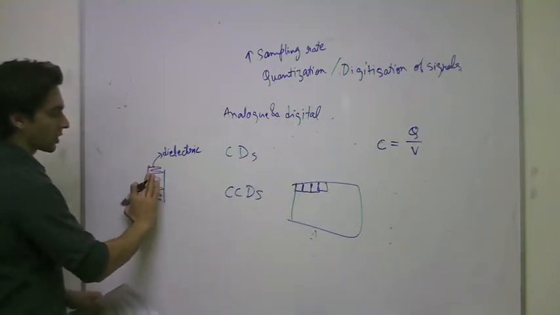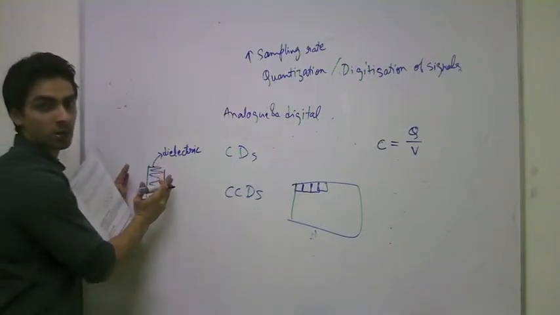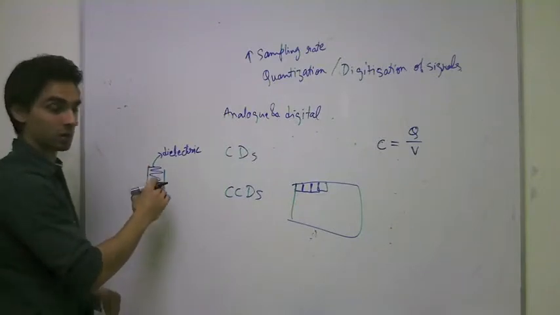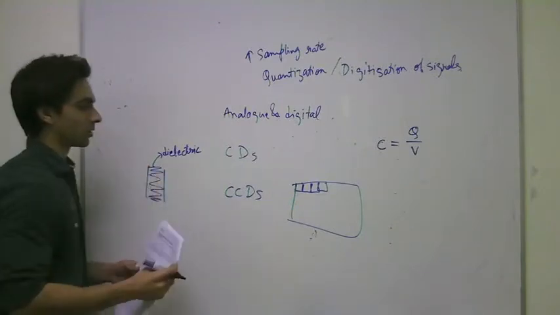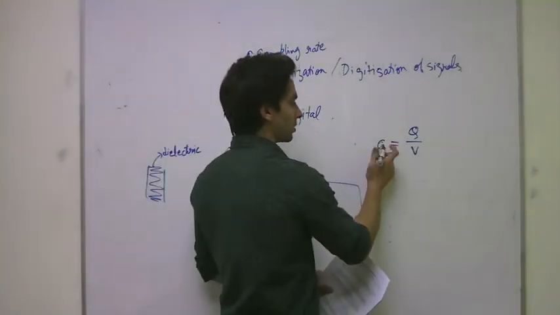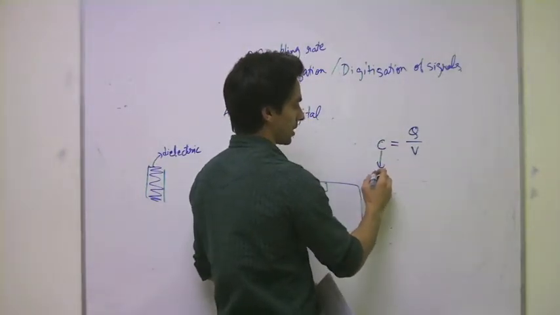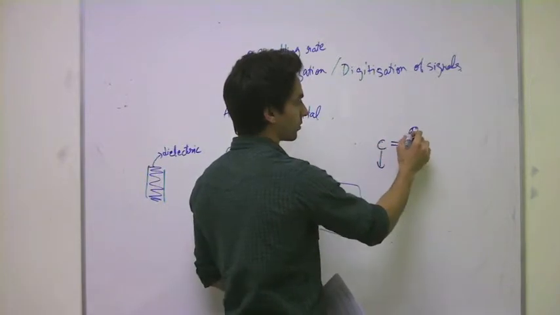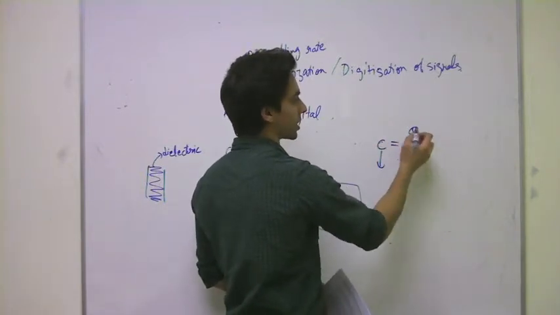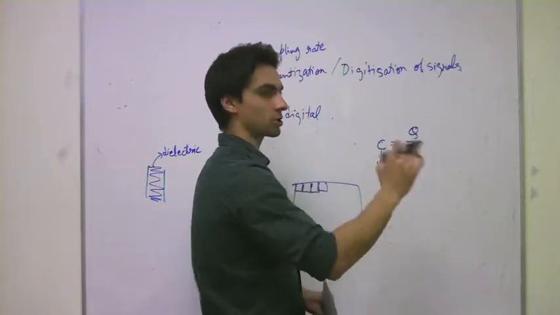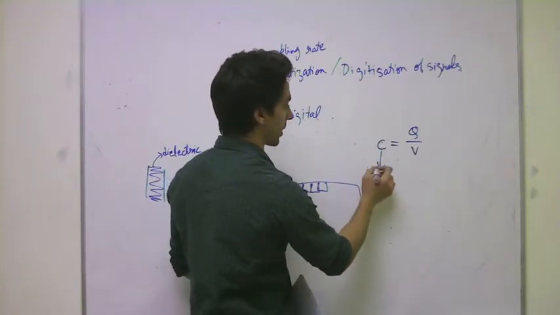If there was no dielectric, it would just be a broken circuit. But since there is dielectric material, this is a capacitor. The capacitance here is Q over V. Q is the charge stored and V is the potential difference across the ends of the capacitor.